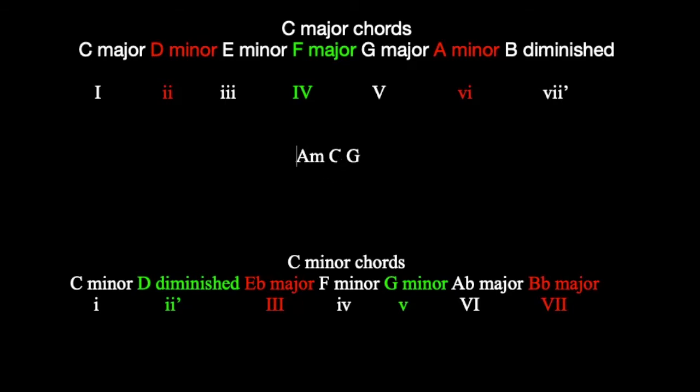But instead of switching out one of those chords for a borrowed chord, why don't we just add a borrowed chord to this? Now, we could hit up that G minor and play that G minor here, and that would probably sound very nice, right?